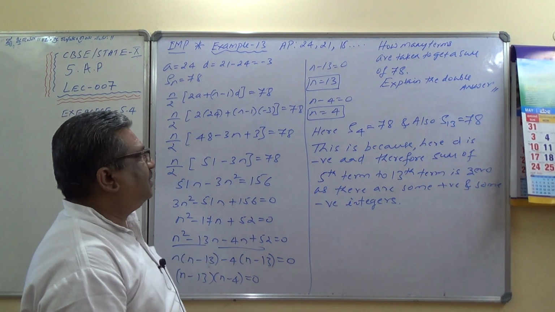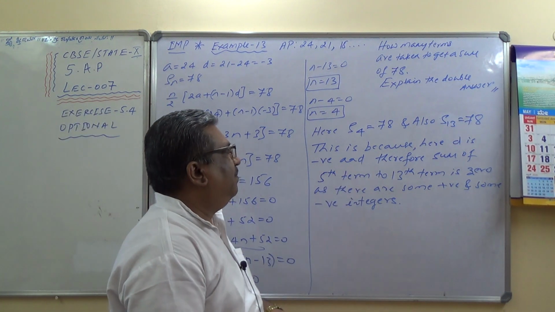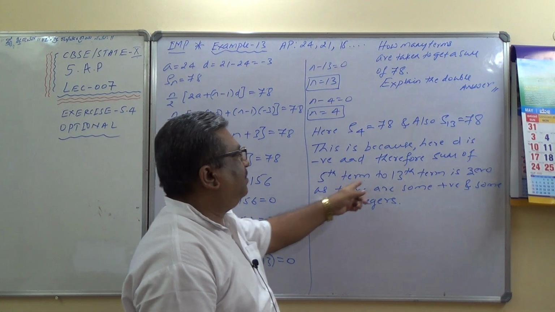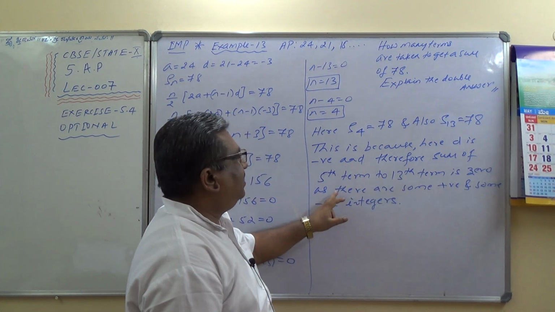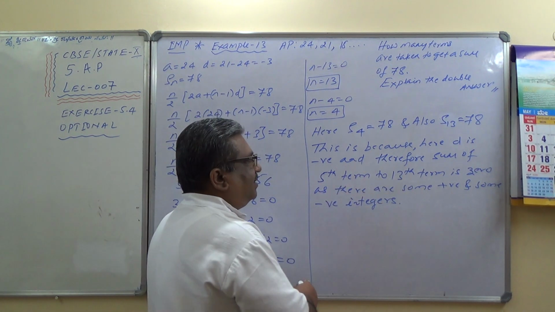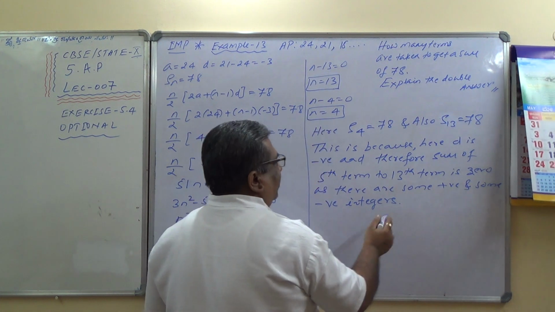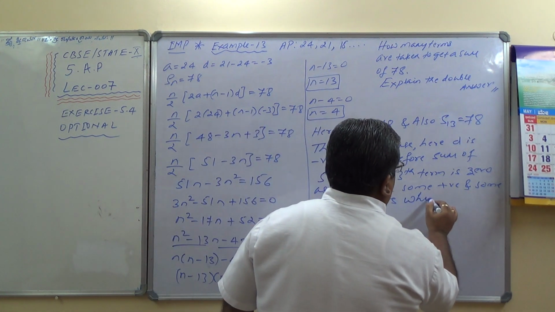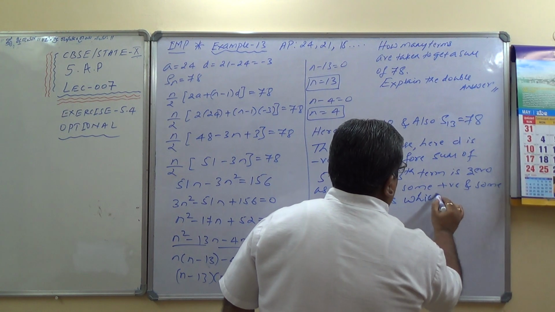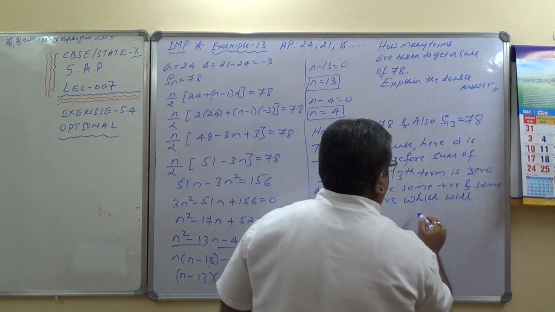Clear? This is the double answer. This is because here D is negative, and therefore sum of 5th term to 13th term is 0, as there are some positive and some negative integers which will cancel out. I'll write which will cancel out.